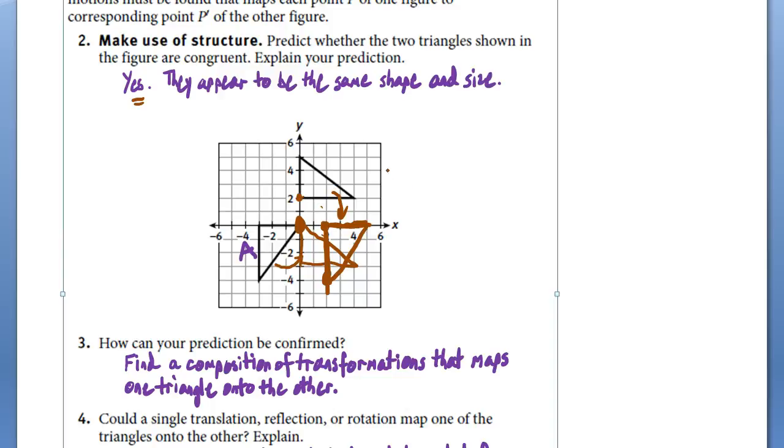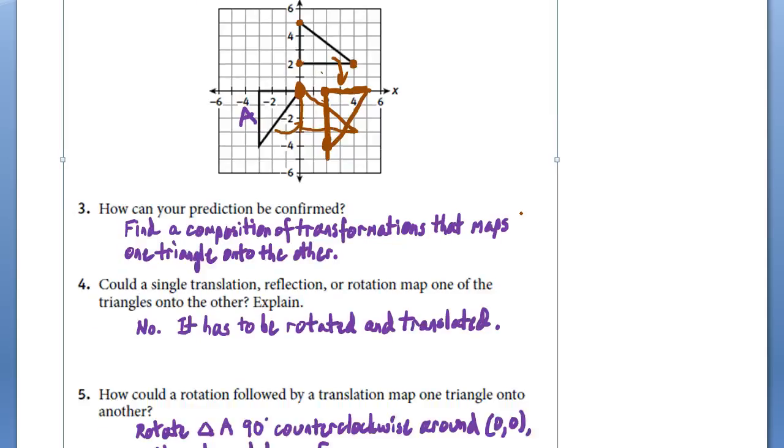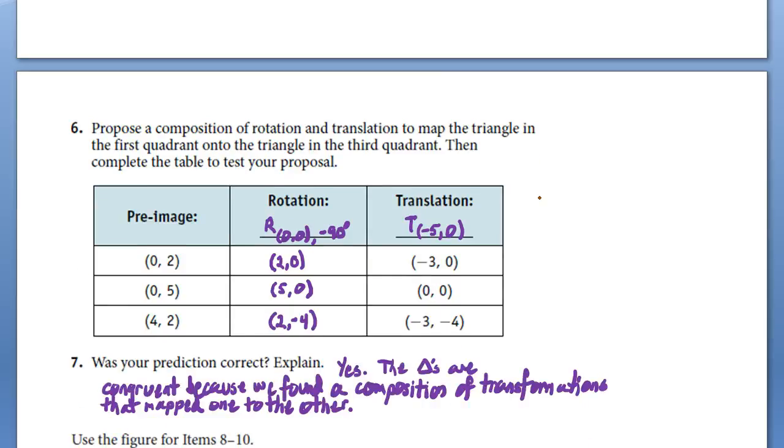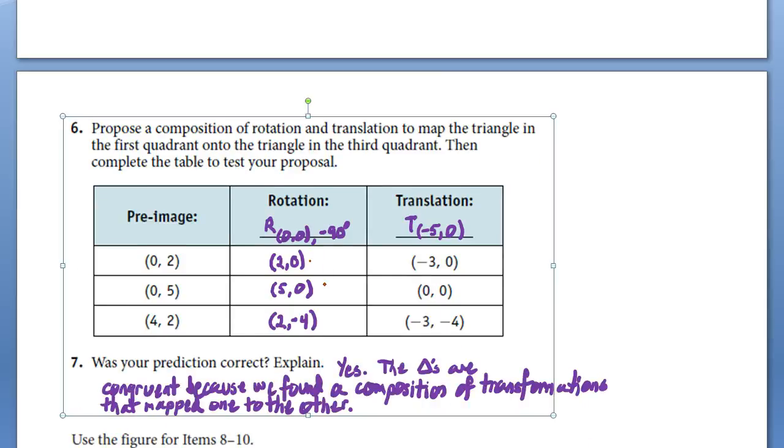This table is asking us to figure out where all 3 vertices of the triangle end up. And I have found those values and put them in the chart in purple. Then we're doing the translation 5 units to the left. So the x-coordinate is going to be adjusted 5 to the left. And that's where you see these final answers.